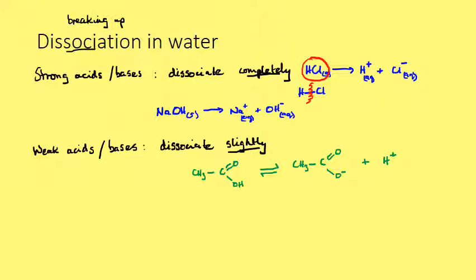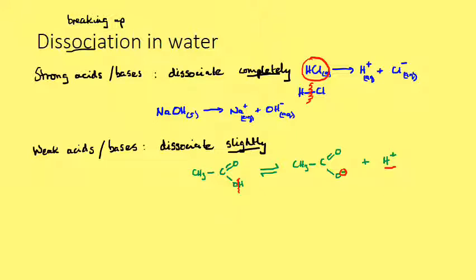So this here is the bond that dissociates, the one between the oxygen and the hydrogen. And when it does, the oxygen keeps that hydrogen's electron, leaving the conjugate base with a negative charge. And here we've got the hydrogen ion that's left in solution.